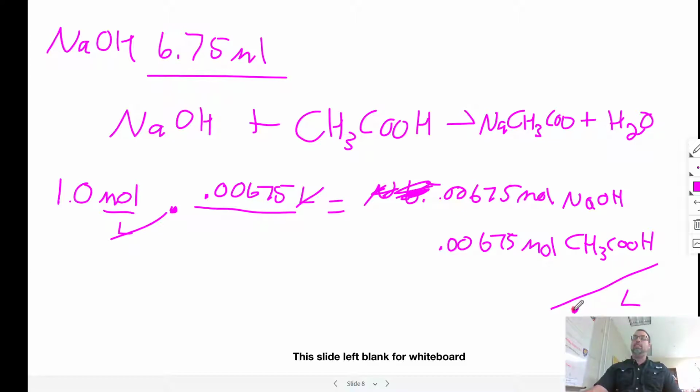And 10 milliliters is going to be 0.010 liters, which means that our concentration in this vial that we use for our second sample is 0.675 molar CH3COOH.